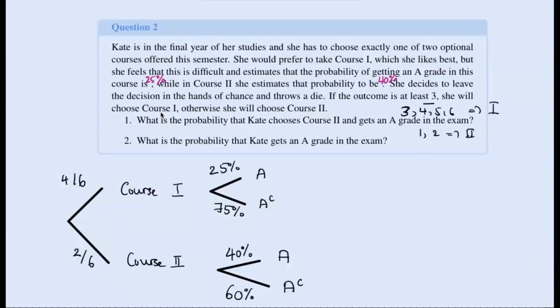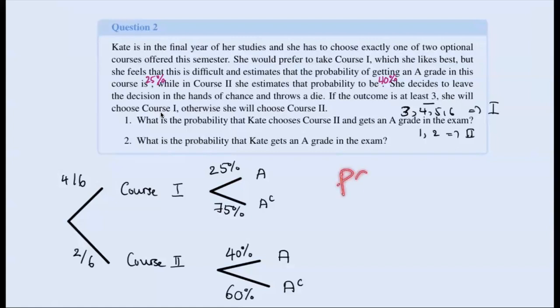Another thing I want to talk about is the probability in this branch. It does not mean the probability that Kate takes course 1 and gets an A grade. It is not having that meaning. The meaning of the number here is the probability that Kate got an A grade, given that she takes course 1.